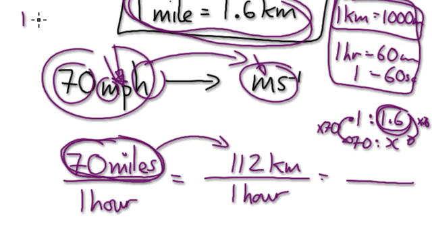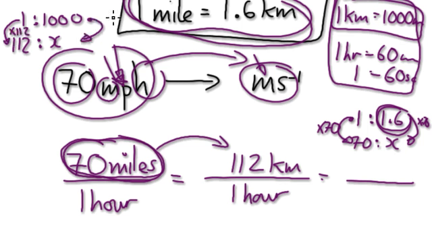Now, if 1 kilometer equals 1,000 meters, now that you've got 112 kilometers, how many meters is that? Well, here you would times by 112.